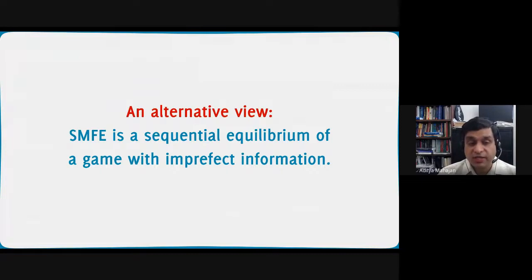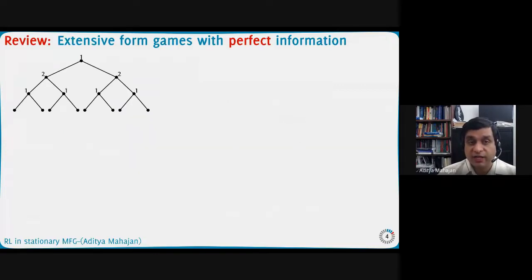So to explain that, let me do a very quick review of extensive form games. Let's start with extensive form games with perfect information. For simplicity, I'll just explain this in games defined on game trees for finite horizon, but similar notions work for games with continuous state and action spaces and defined over potentially infinite horizon.